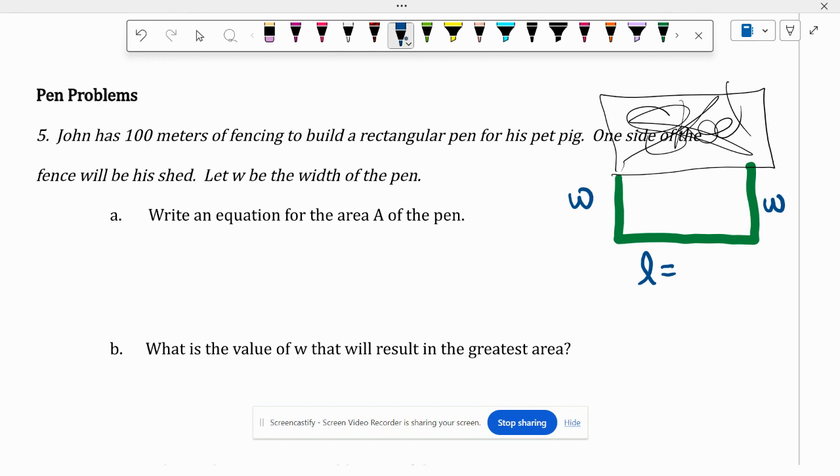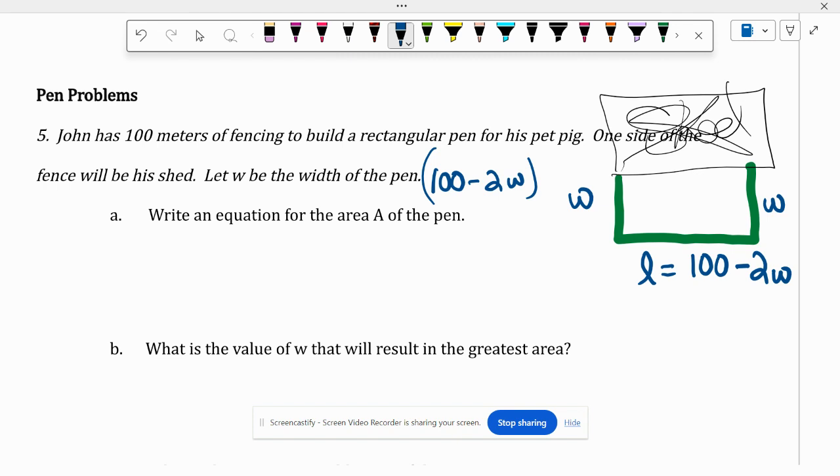How much am I using for the width? Well, it says right there. What measurement is the width? W. How many W's do I have? So the leftover is going to be the length. So the length equals 100 minus 2W.